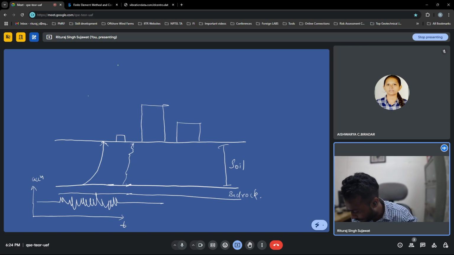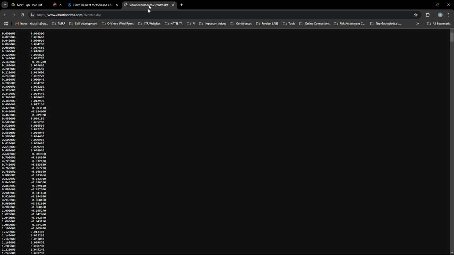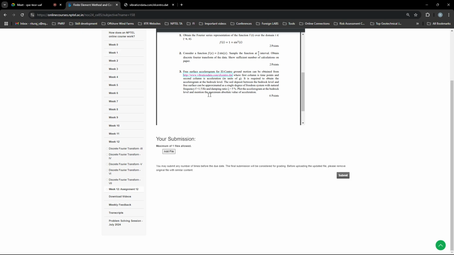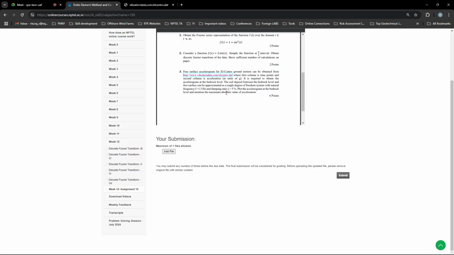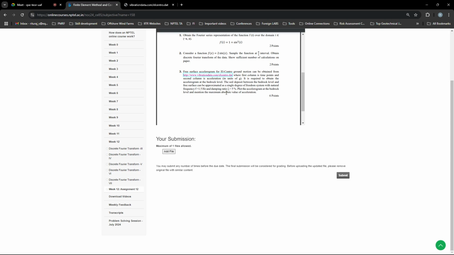There are various methods mentioned in the applications of DFT. Basically for the soil you have been given the natural frequency of the soil and the damping ratio. By utilizing these two parameters you need to evaluate what is the seismic intensity, or the acceleration with respect to time, available at the bedrock level. That's what you have to do.